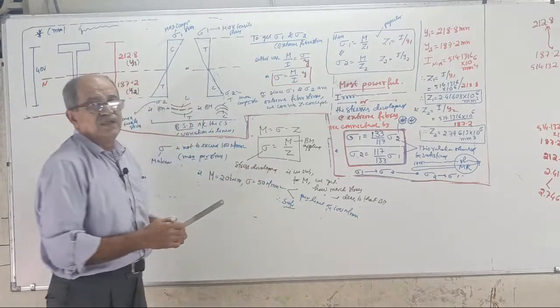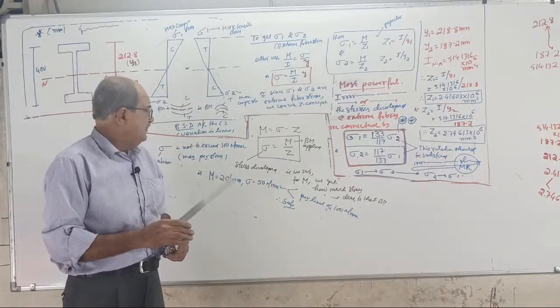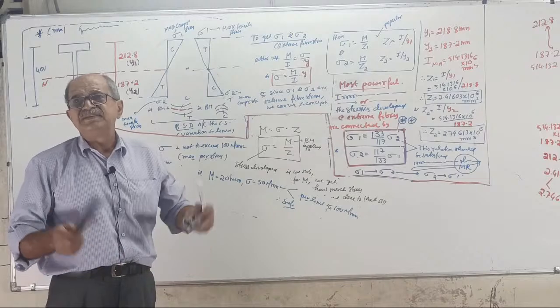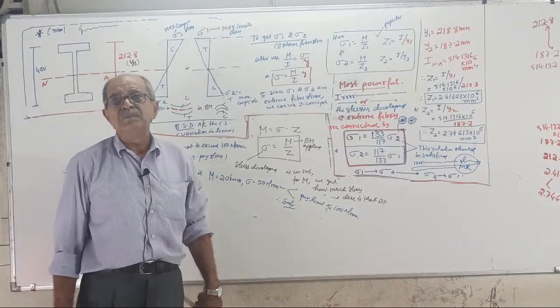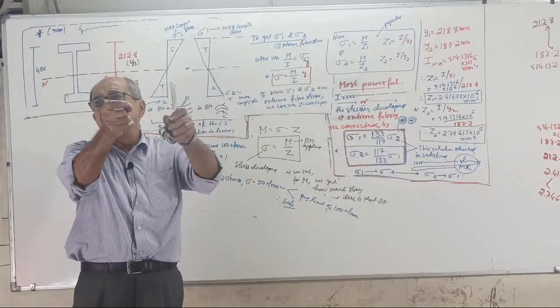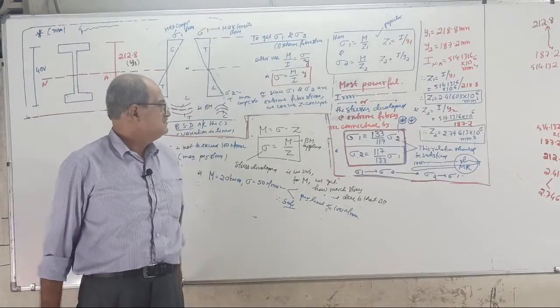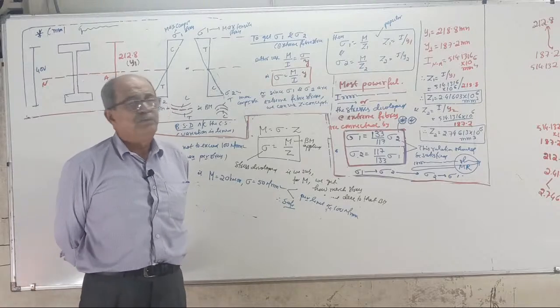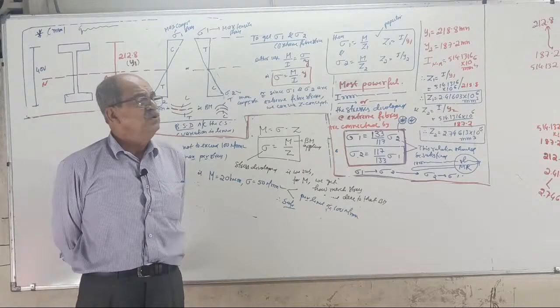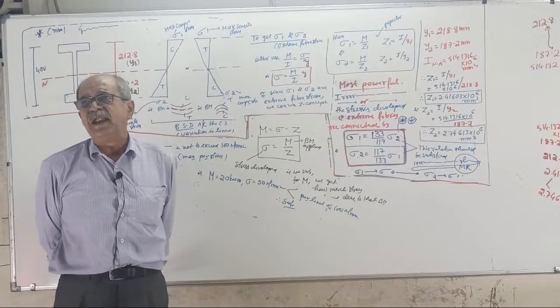That means, you write here, safe means the beam cross section can safely resist a bending moment of 20 kilonewton meter. Like you have 100 rupees in the pocket, the bill comes to 50 rupees. Yes, you can happily pay 50 rupees and come out.